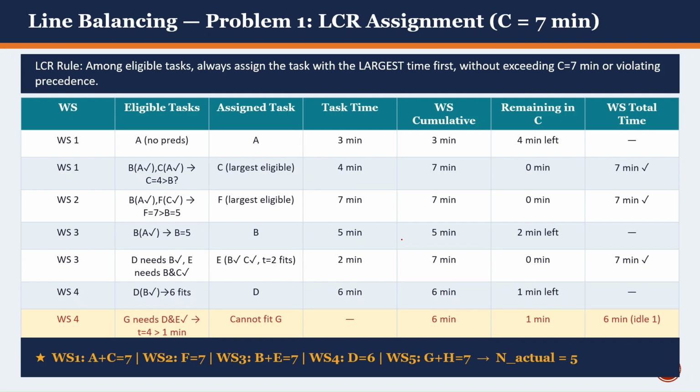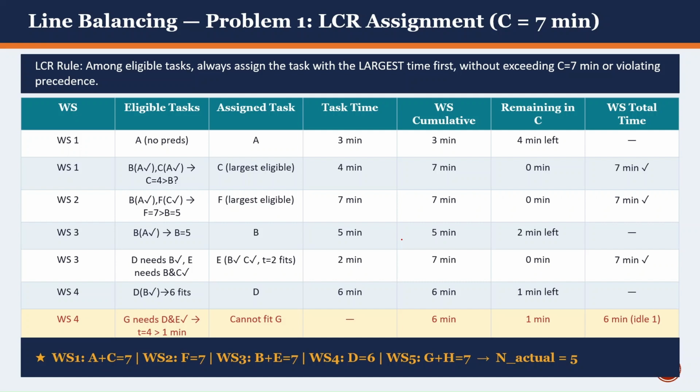Now, going ahead, we'll use the LCR rule. Here we are going to assign workstations. There are 4 workstations that we are going to assign over 5. On each workstation, we are going to assign multiple tasks. For example, engine, transmission and frame can be combined in one workstation, so that assembly will be done in one workstation.